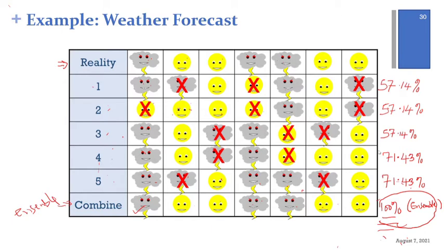In real life, sometimes when you use your data on individual models, like we have here, a model trained called model 1 is able to achieve 57% accuracy. Model 2, 57.14. These two got the highest accuracy, 71.43. But with the power of ensemble, we are able to achieve 100%.